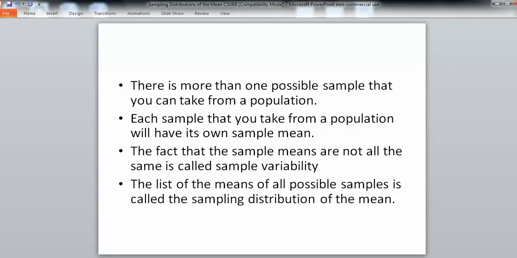If I calculated the standard deviation of each possible combination and then wrote out all of those different standard deviations, what I created would be called the sampling distribution of the standard deviation.